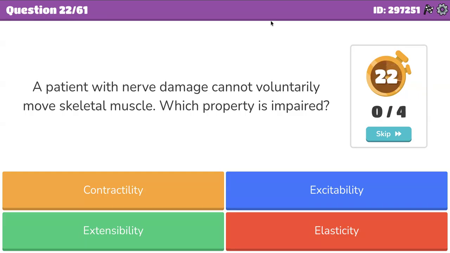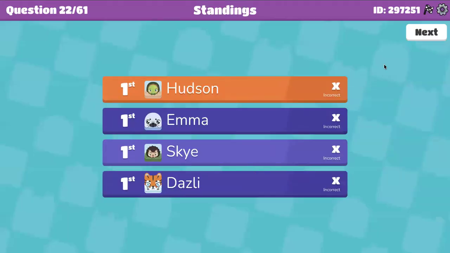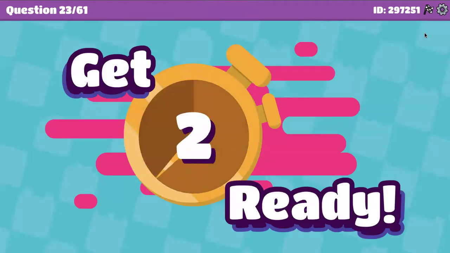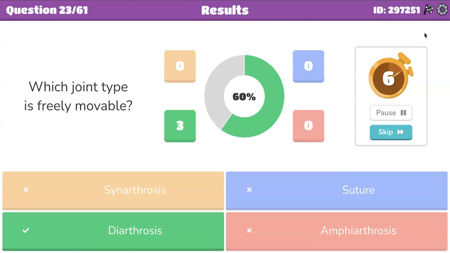Which property of muscle is impaired? The excitability, because the nerves aren't able to send signals to the muscle. Which joint type is freely movable? Diarthrosis.